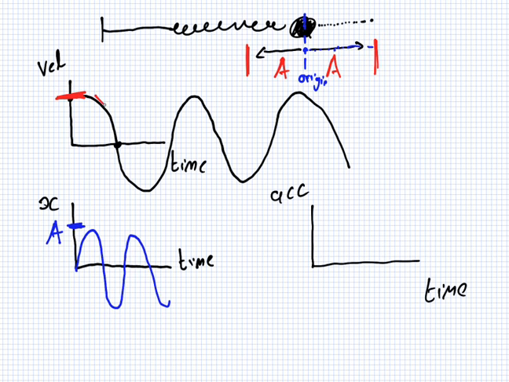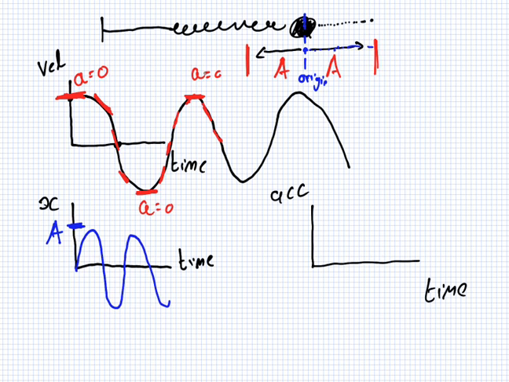Here, the slope is negative. Well, sorry, that's still negative, negative, and then here, 0, and then here, positive, positive, positive, here, 0, negative, negative.